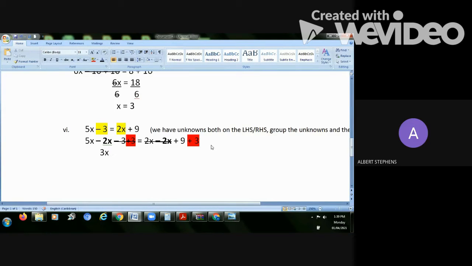So what I end up with is 5x minus 2x, which is 3x, and the negative 3 plus 3 is 0. So 3x is equal to, what's 9 plus 3? 12. And then you divide everything by what? 3.